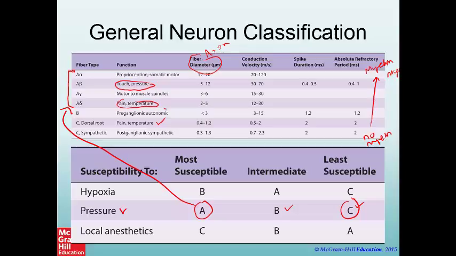Now, hypoxia, or reduction in tissue oxygen, affects B fibers' ability to conduct an action potential before it affects A and C. Now, the interesting thing, at least for pharmacists, is local anesthetics, mostly of the cane class, Novocaine, benzocaine, lidocaine, things like that.